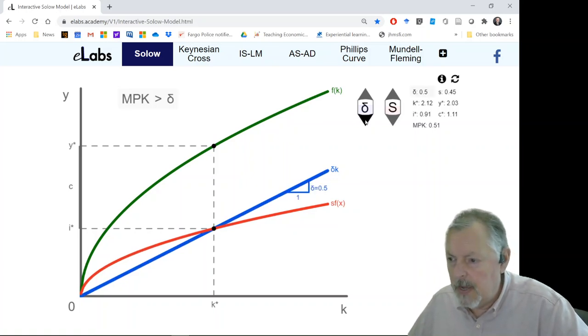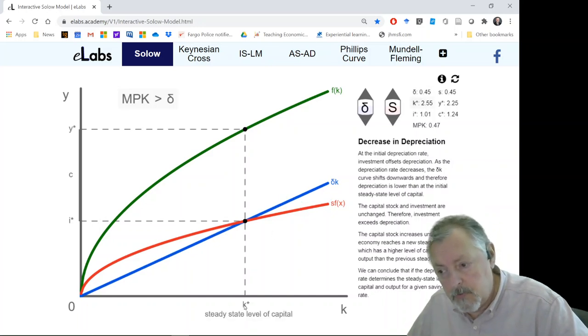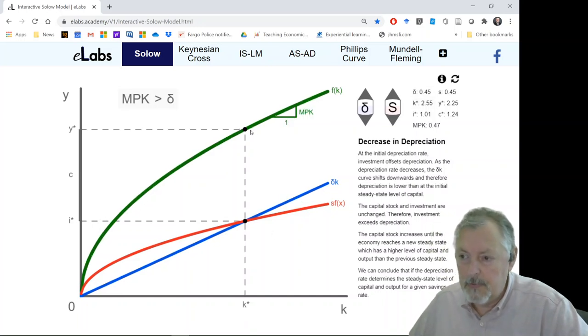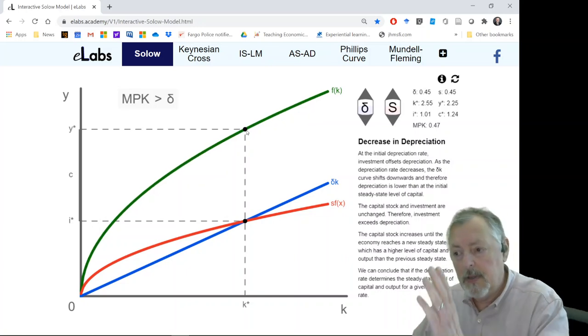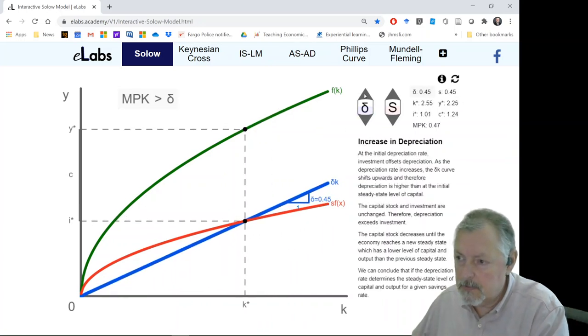Let's say you find a way to make capital last longer so that the depreciation rate goes down. Well, your steady state of capital is going to go up, and your output per worker, the standard of living, is going to go up. It'll go up to a new steady state and stop there. Let's put it back where it was.